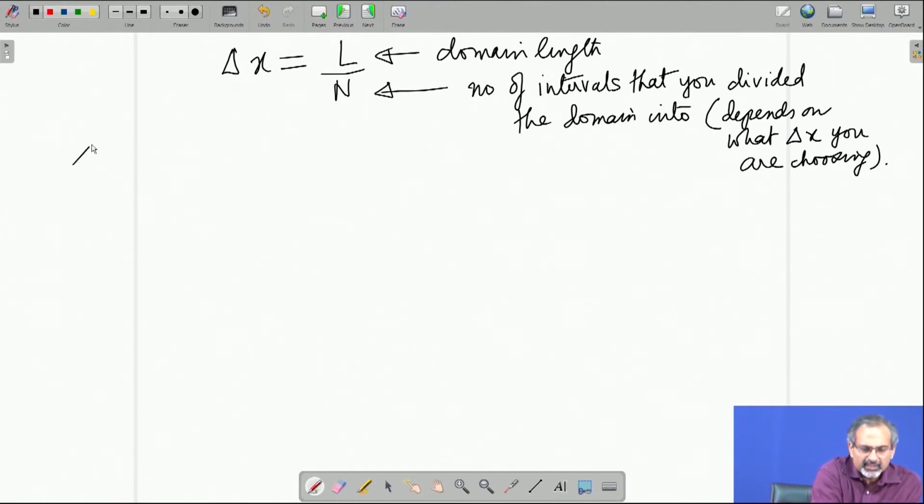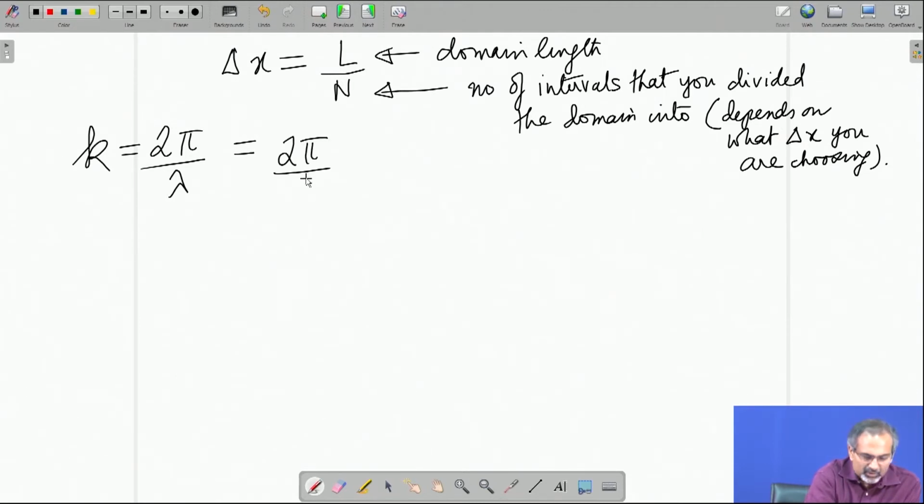And we remember that k by definition was 2 pi by lambda, and how did we obtain lambda? We said lambda is equal to that domain length divided by the number of wavelengths we are accommodating within that length.